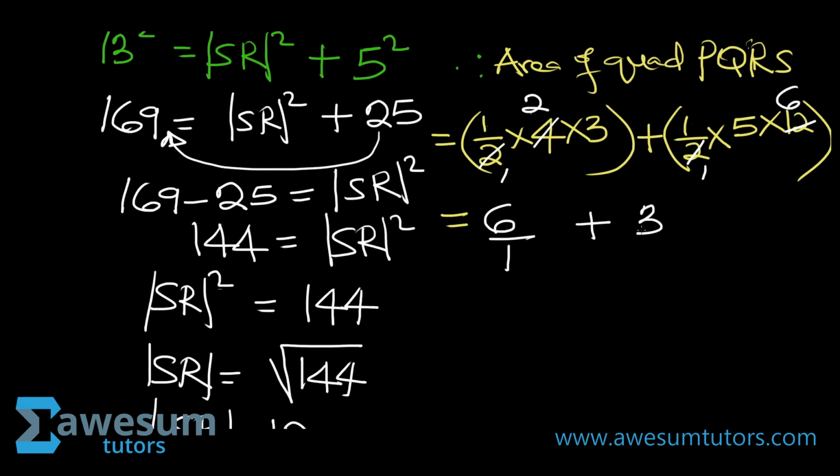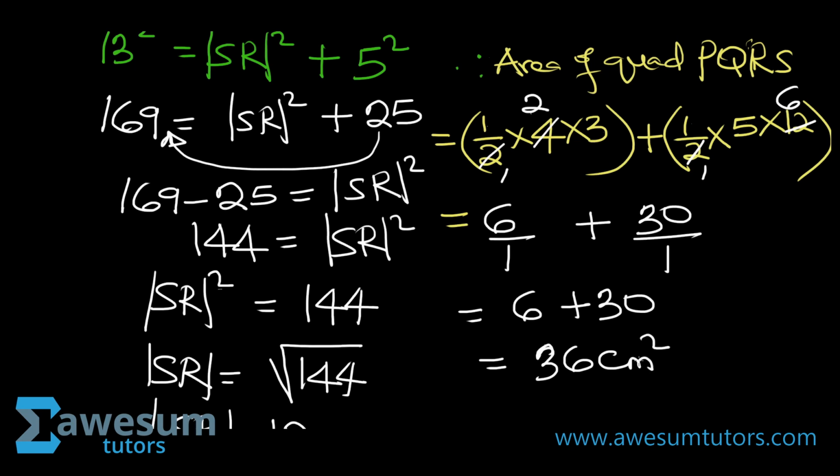So I have 30 over 1. And as you know, 6 over 1 is 6 and 30 over 1 is 30. So 6 plus 30 is 36. And as we know, this is in centimeters, and for area it is going to be centimeters squared. So the area of quadrilateral PQRS is 36 centimeters squared.